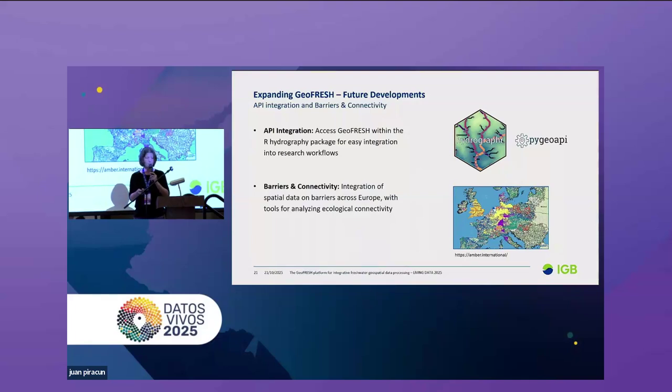We make them accessible through an API and integrate them in the hydrographer R package, so that you can more easily integrate this in larger workflows if you have more data or want to make it reproducible. And last but not least, we also want to look at barrier data, for instance, from the AMBER dataset in Europe, and add also tools for analyzing ecological connectivity.